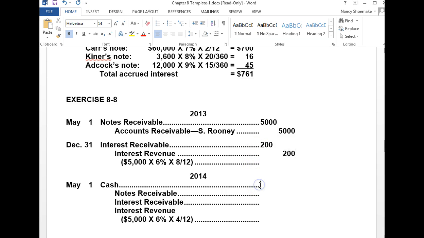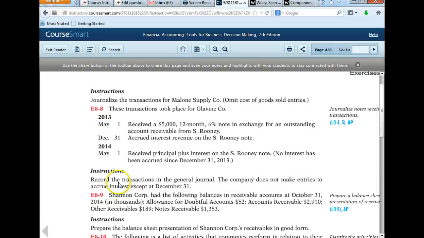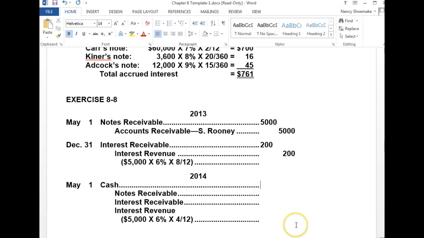Okay, now the next one shows received principal plus interest on the S. Rooney note. So we're going to show interest from January 1st through May 1st, 4 months. So how are we going to record interest from January 1st through May 1st? $5,000 at 6% times a third is $100, isn't it?